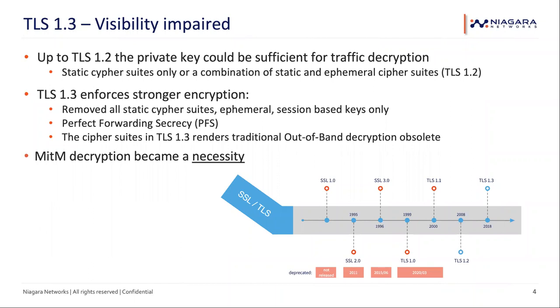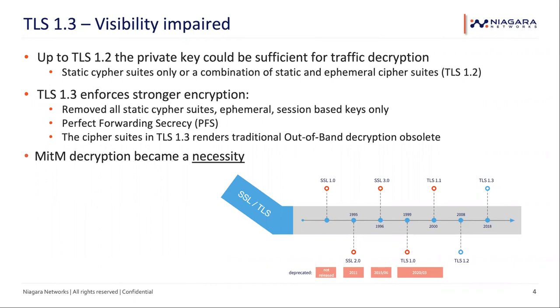With TLS 1.2, we started to see ephemeral cipher suites, so cipher suites that used ephemeral keys that only existed during the session, and once the session was over, that key was never used. In TLS 1.3, the static keys were all removed from the TLS definitions.